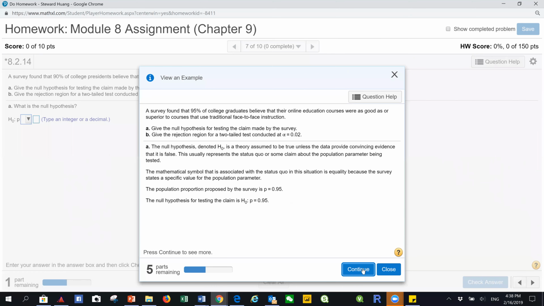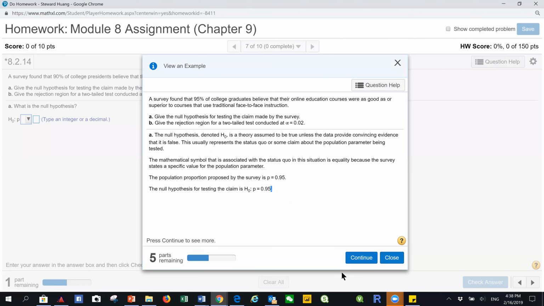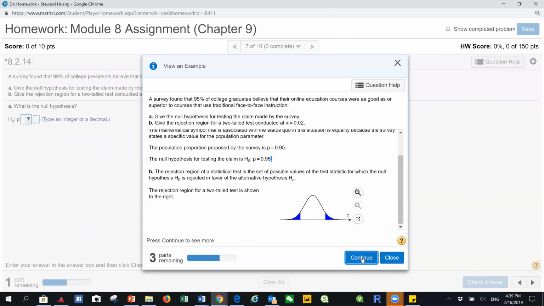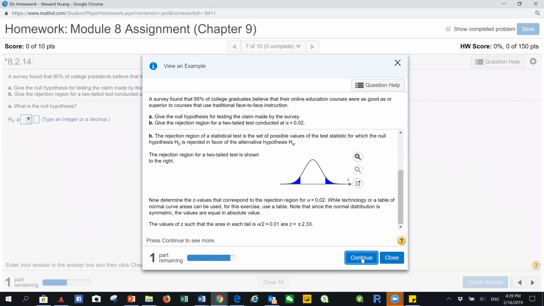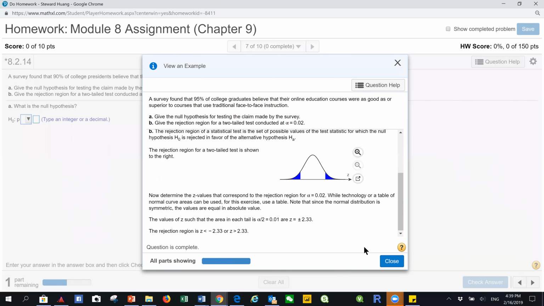This is the claim proportion, 0.95. Then you find the critical value z, the rejection region.